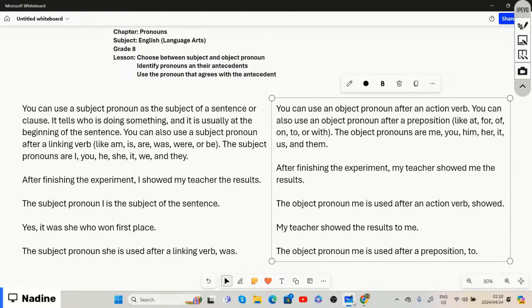Subject pronouns that we will find at the beginning of a sentence are words like I, you, she, he, it, we, they. Those are subject pronouns, and we'll basically find a subject pronoun at the beginning of a sentence.